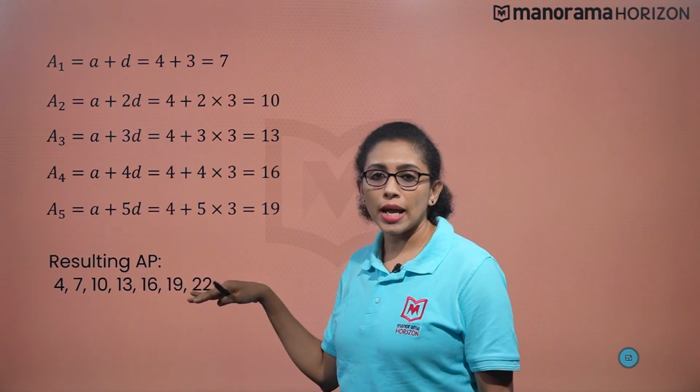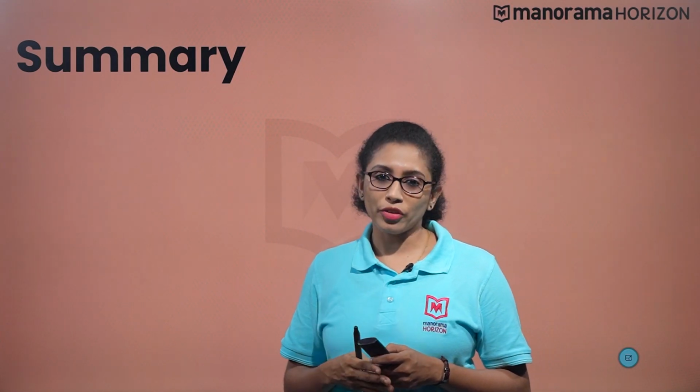Hence, this forms an AP. So far, we have discussed all the basic concepts related to arithmetic progression and its properties. There are other types of sequences such as geometric progression, which we will discuss in the coming video. Now, let's do a quick recap of what we have learned.